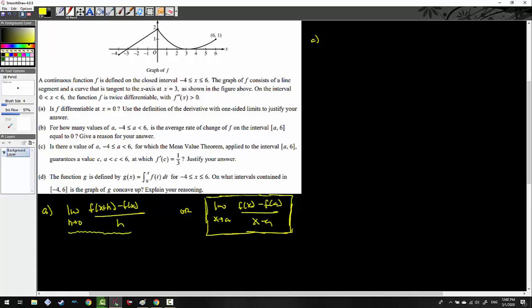What I'm going to do is say, first off, let a be any point on f of x. And then I'm going to say, the limit as a goes to 0 of f of a minus f of 0 over a minus 0.